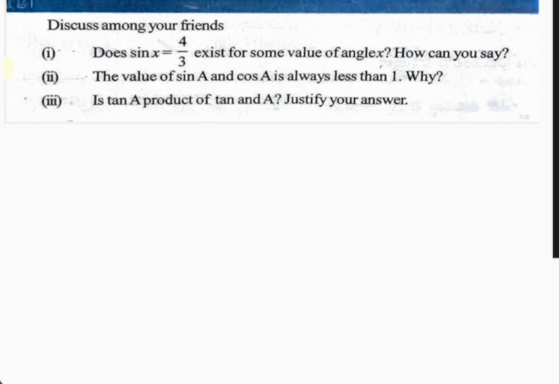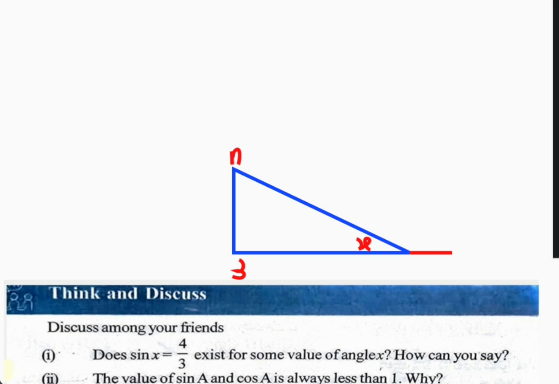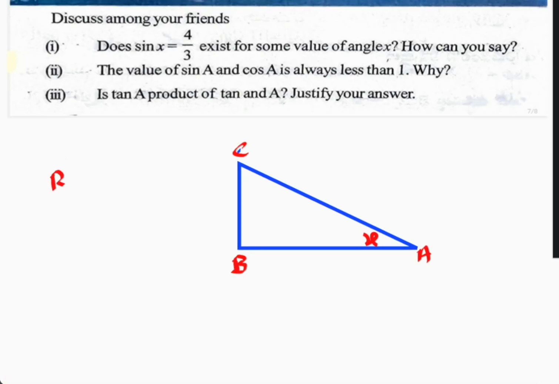And in a triangle, for example, this is angle x, the triangle ABC, the opposite side is BC, and the hypotenuse is AC. There is a relation, always the hypotenuse is greater than BC, we know that.